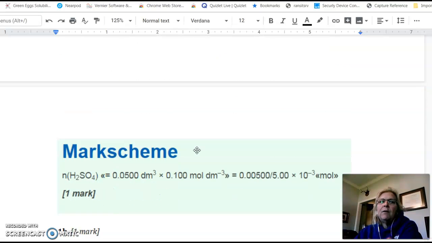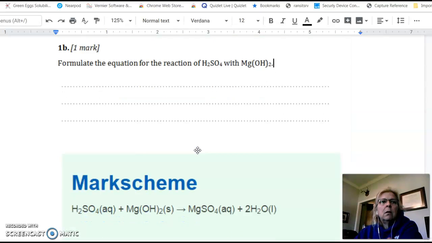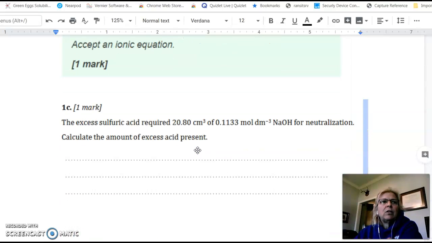But then, after we write our equation, we are asked this question. The excess, that means that there was excess sulfuric acid left over after the reaction with the tablet, and now this excess sulfuric acid is being neutralized with another base.